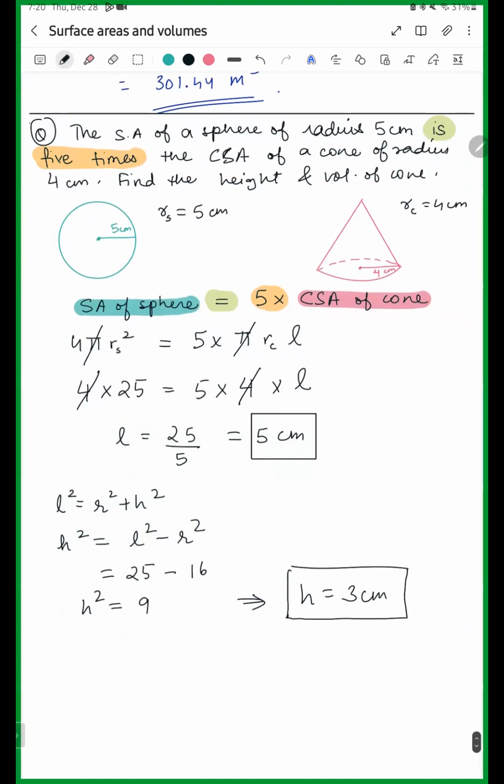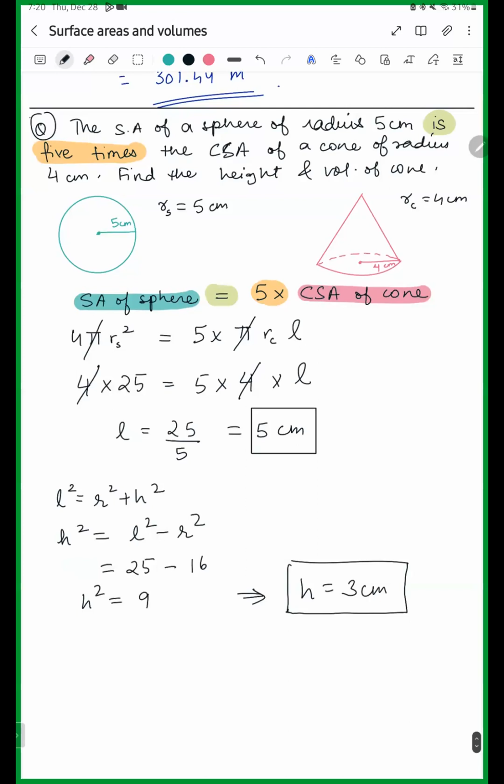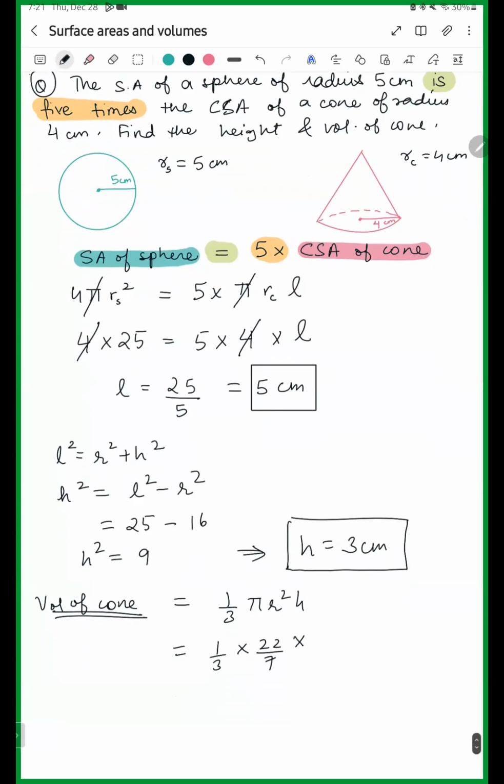Okay. So one part of the question we have done. Now the rest is pretty simple. Find the volume of the cone. Volume of the cone is equal to 1 by 3 pi r square h, which is equal to 1 by 3 into 22 by 7. R square is, which r are we taking again? The radius of the cone.